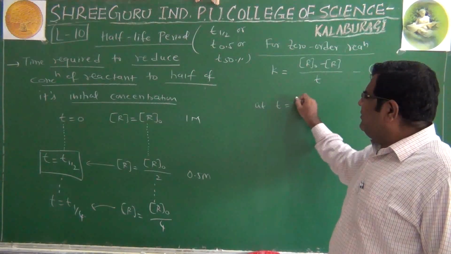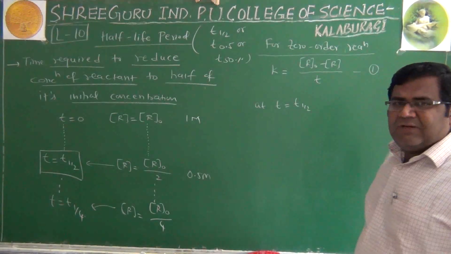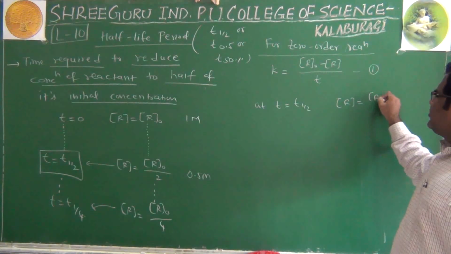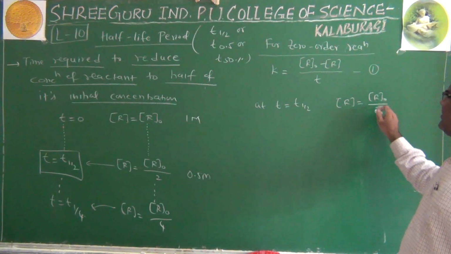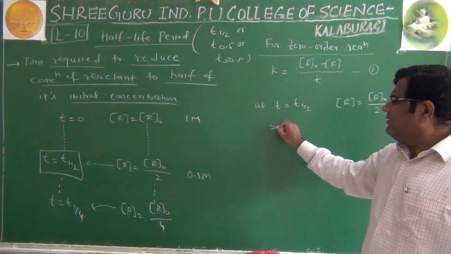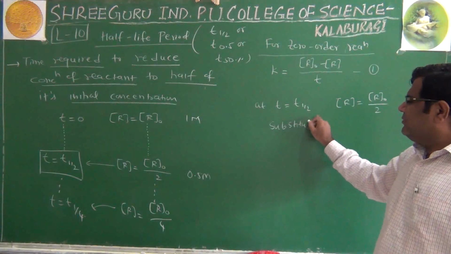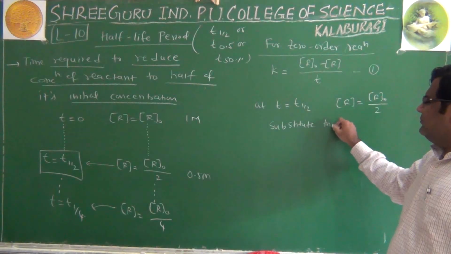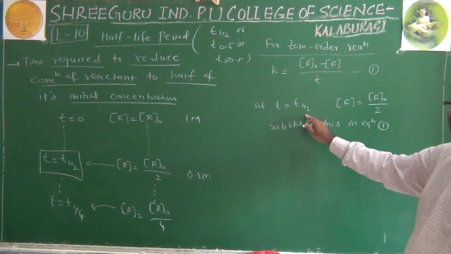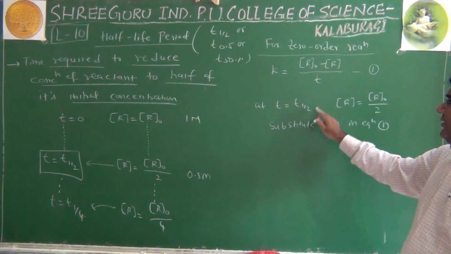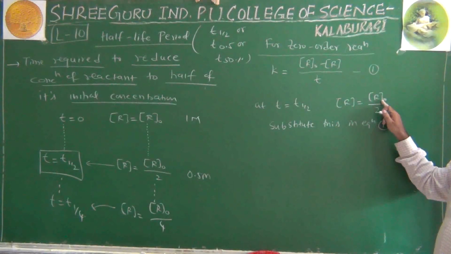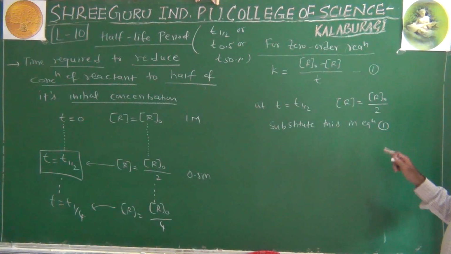At t equals t half, the half-life period, the molar concentration of the reactant equals the initial molar concentration divided by 2. Substitute this in equation 1. We have to substitute this condition because this is the definition of half-life period: time required to reduce the initial concentration of the reactant to half of its value.